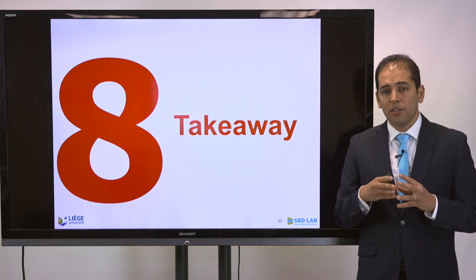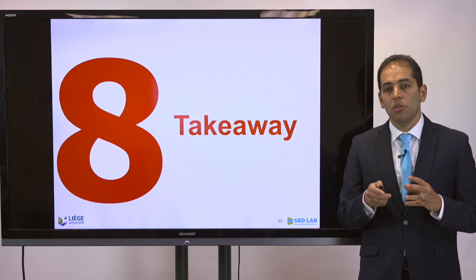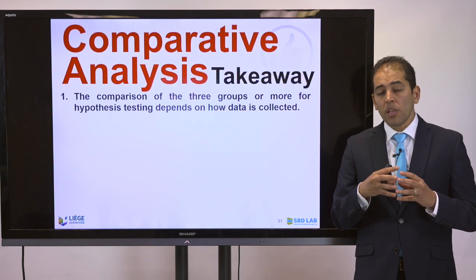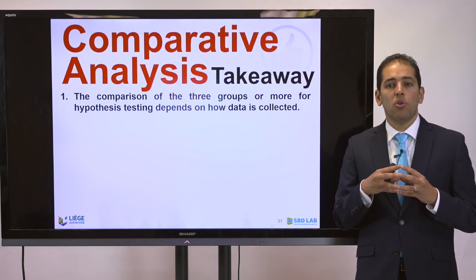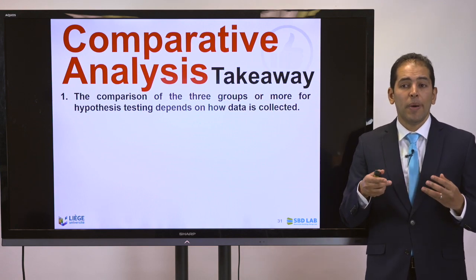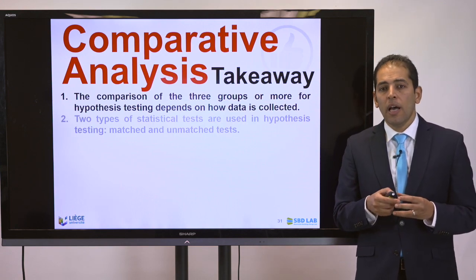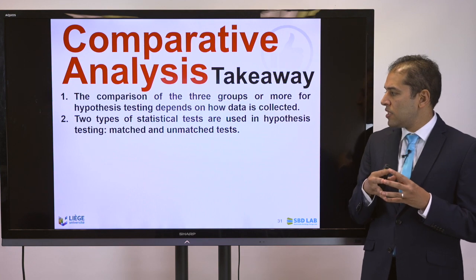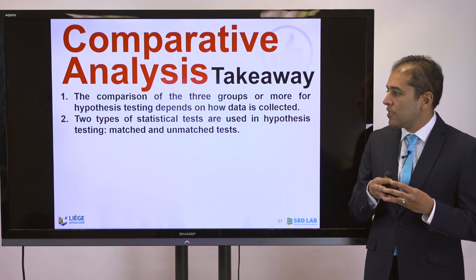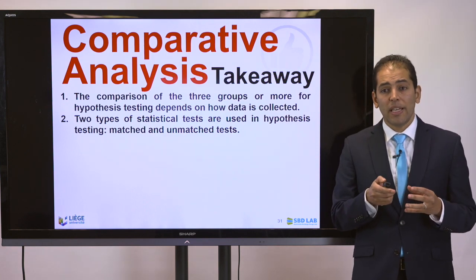Now, I'm coming to the end of today's presentation. Some takeaway messages on the 6 tests we talked about today. The comparison of 3 groups or more for hypothesis testing depends on how data is collected. And in general, there are 2 types of statistical tests that are used in hypothesis testing, matched and unmatched tests.